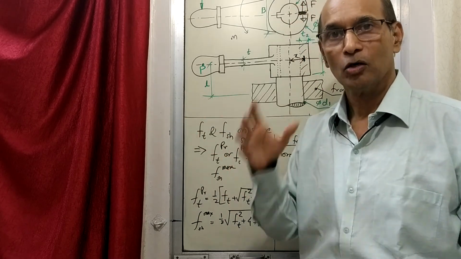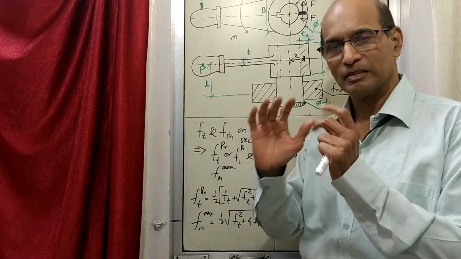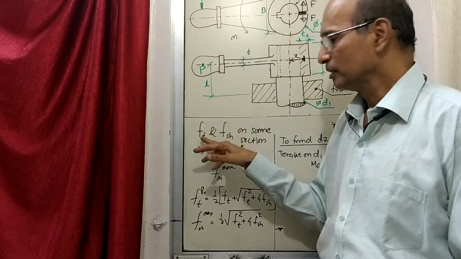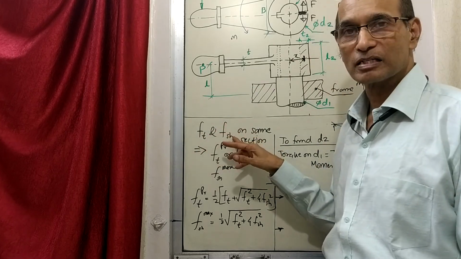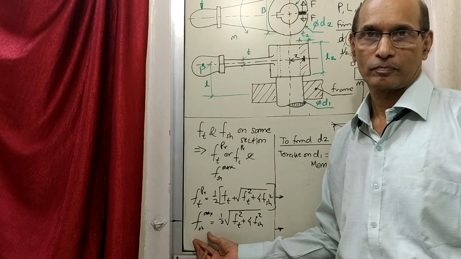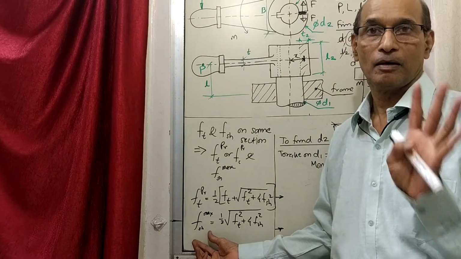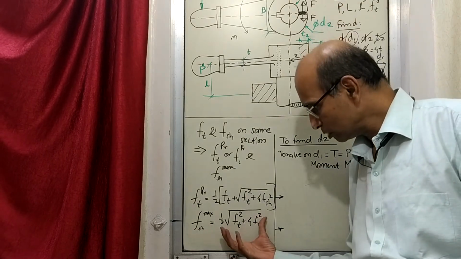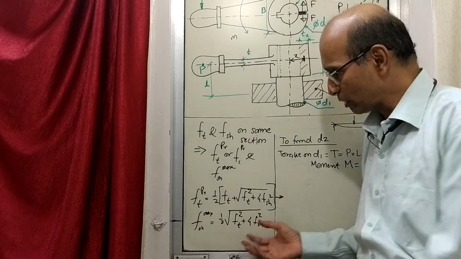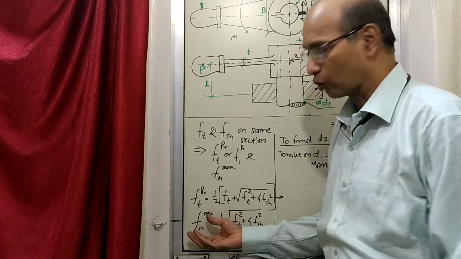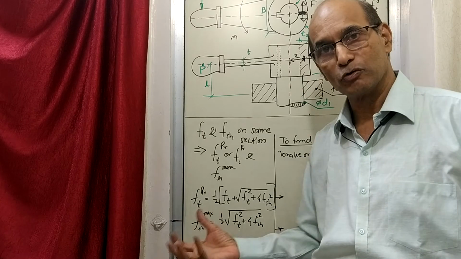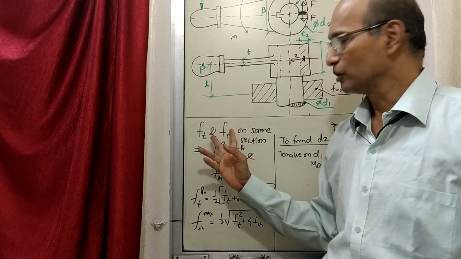Or in other words, again I am saying similar things, we can say that instead of this tensile stress and shear stress both acting on this section, only shear stress is acting, no tensile stress, but that shear stress is equal to this combination. So we have taken both of them together and called it the equivalent stress of shear type, which gives a similar effect to what these two give.